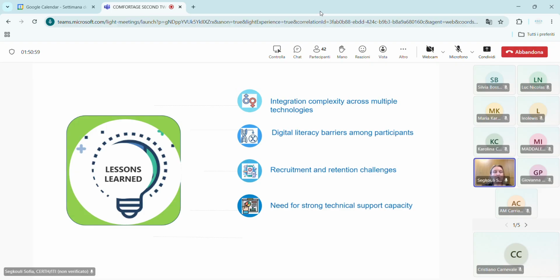First, regarding integration complexity, it is our primary consideration to bring together diverse technologies such as the smart home, living lab, and digital twins into a single cohesive framework, which actually requires seamless back-end coordination.